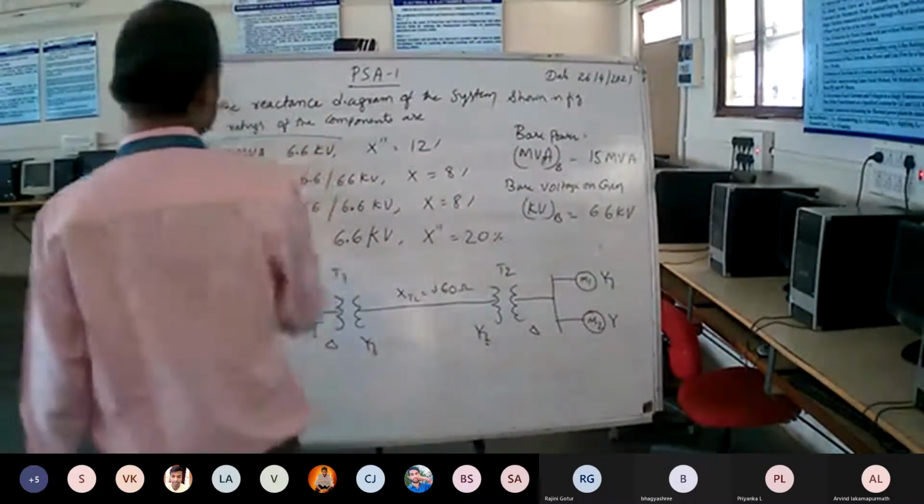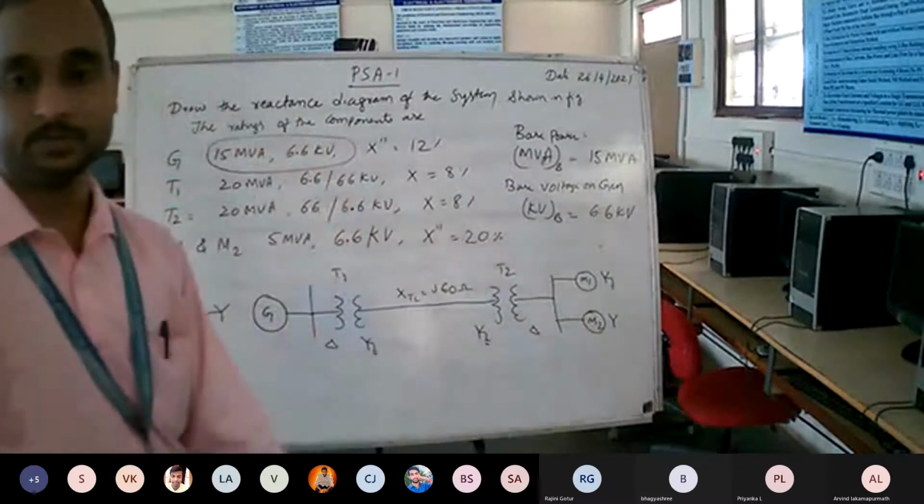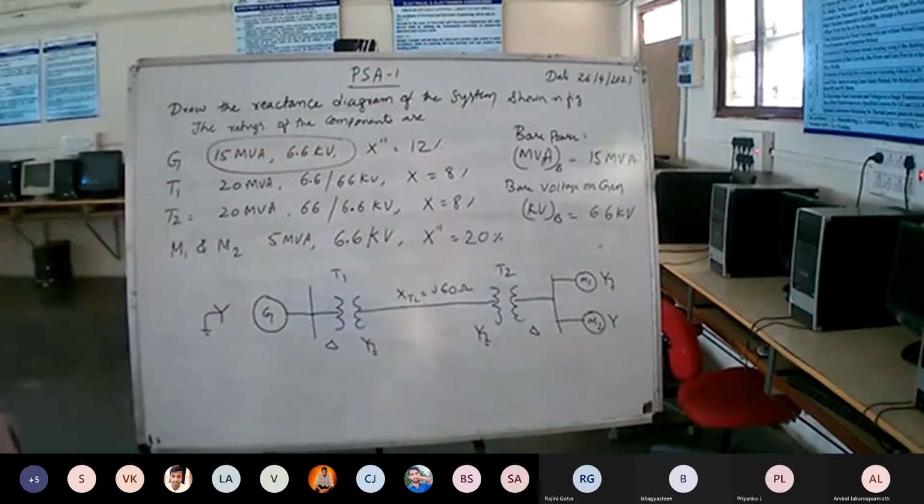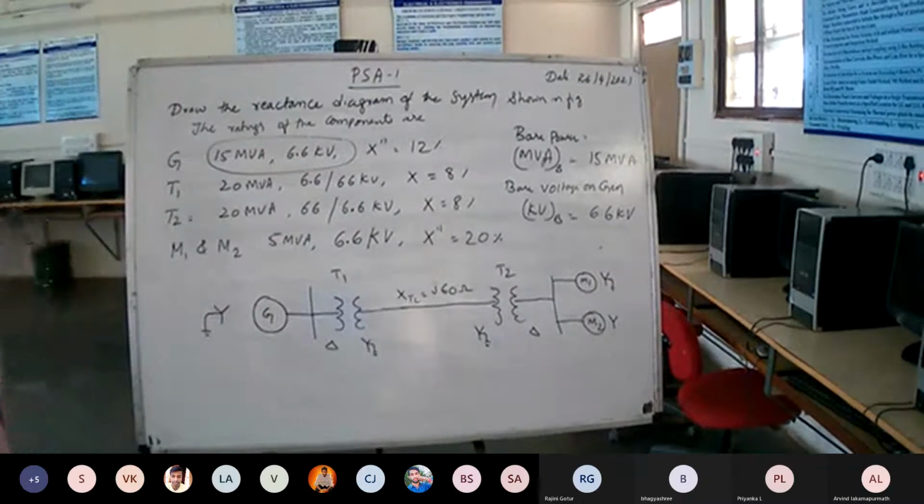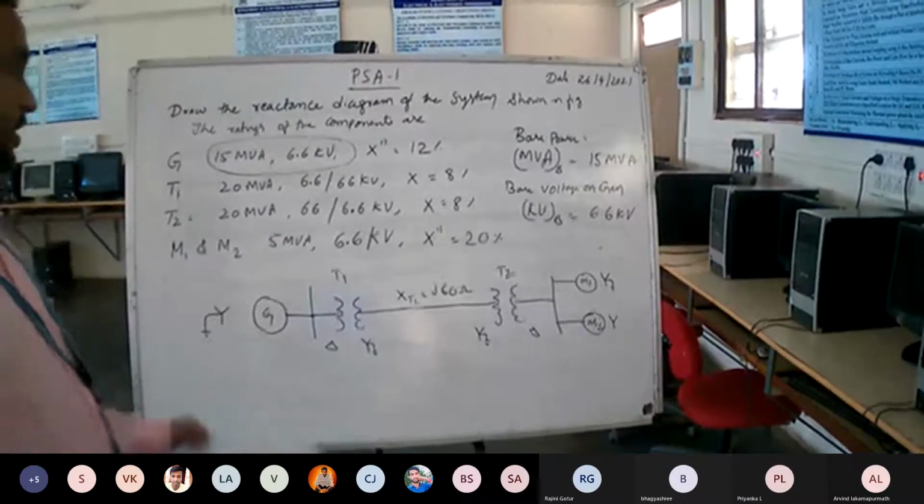These two are chosen as base values on the generator side.